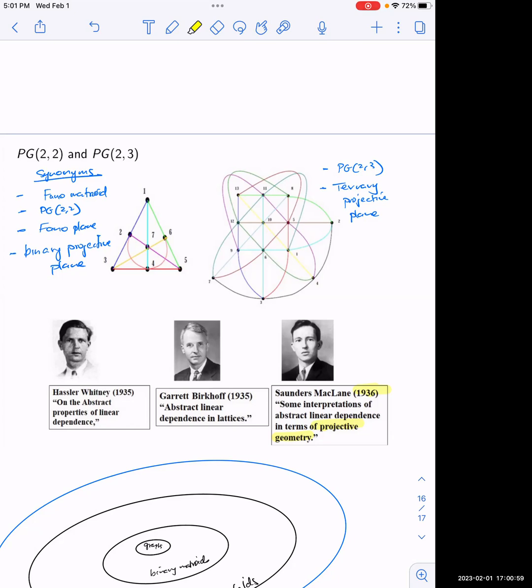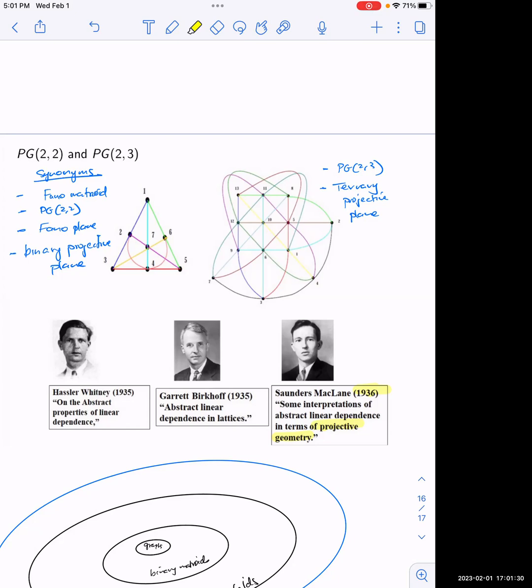We only have nice pictures for rank 3 objects, and for rank 4 we have some that we can imagine in space, but very limited. For rank 5 and higher, we don't understand 4 dimensions well enough to visualize it, but we can work with it. So this is PG(2,3), by the way, the ternary projective plane.